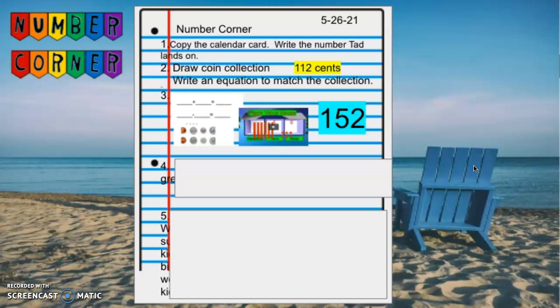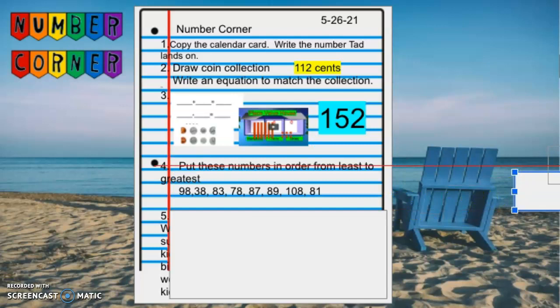You're going to write an addition equation that equals 152, a subtraction equation that equals 152, coins that have a value of 152, and your 100 block, 10 sticks, and 1 box. Please press pause if you need more time.